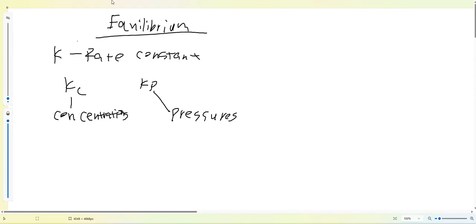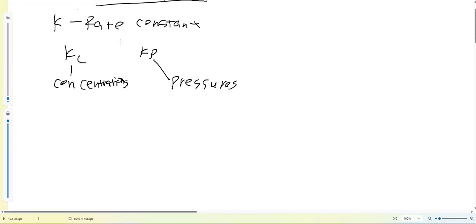So concentrations and pressures are going to be applied in different ways. For example, if you have an aqueous solution system, like a dissolution or a reaction that's happening in aqueous solution, that's going to use Kc. If you have a gaseous reaction, that's going to use Kp.